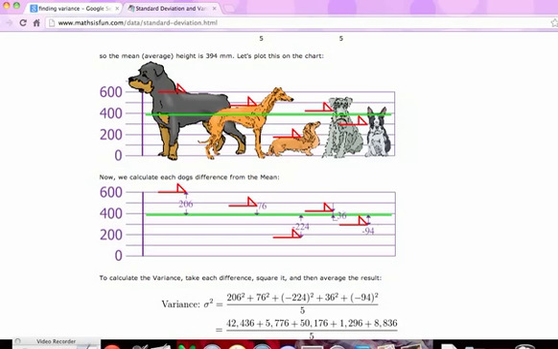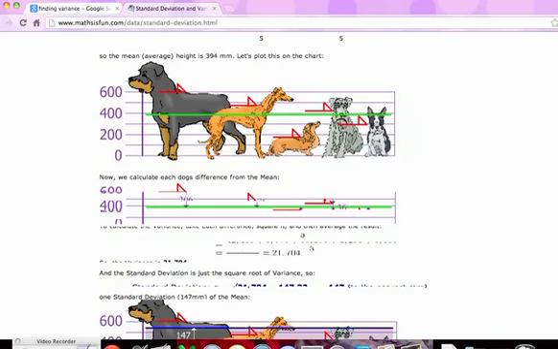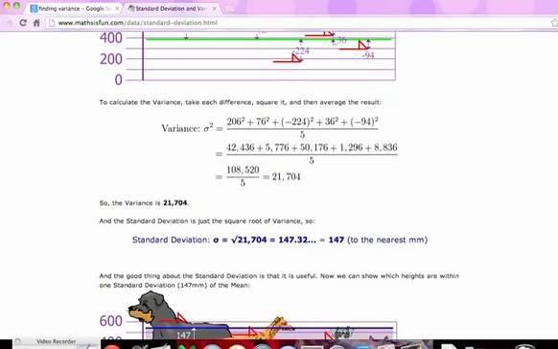Now moving on, once we have the variance, to go to the standard deviation, you're just taking the square root. Simple square root of the 21,704, get 147.32. In the problem, everything was measured in millimeters, so we're going to keep it consistent and not keep it in whole numbers, so we round to 147, so that's the standard deviation.